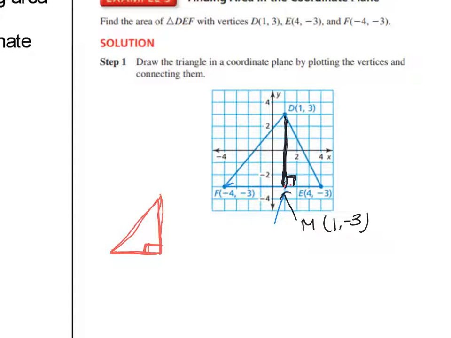Now it wants me to find the area, so I can use 1/2 base times height. I can find my base just by counting the boxes. So what's the length of my base?